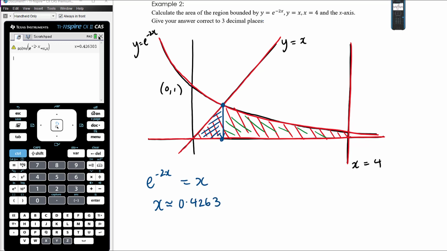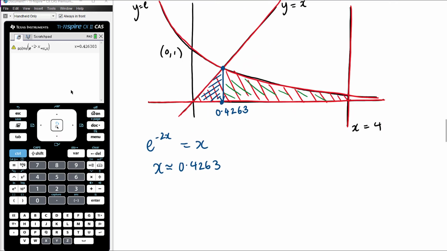Now we want our final area answer to 3 decimal places, so we don't want to round this point to 3 decimal places and then use a rounded answer to create another rounded answer. We want to maintain more accuracy, and in my CAS I'm going to type that value as accurately as I can, certainly more than 3 decimal places.